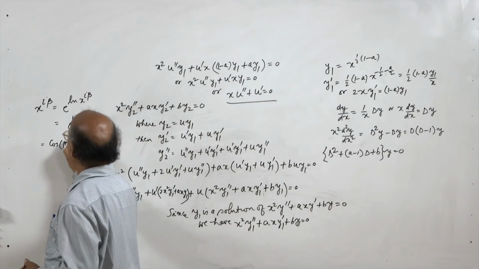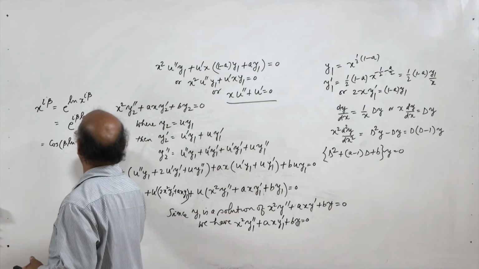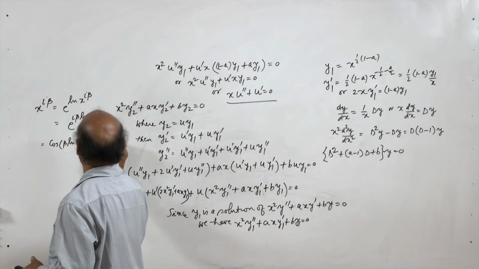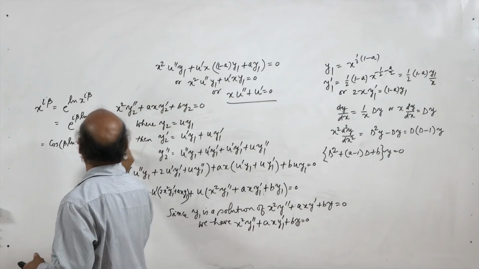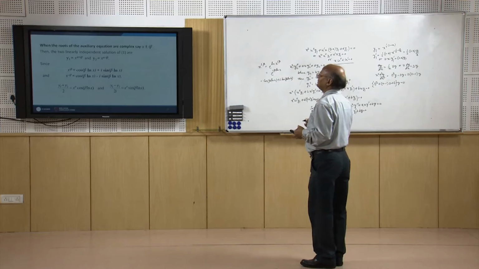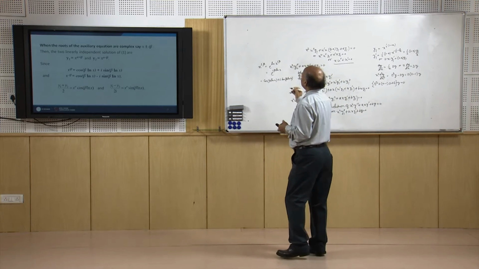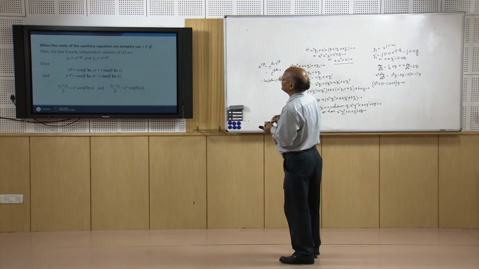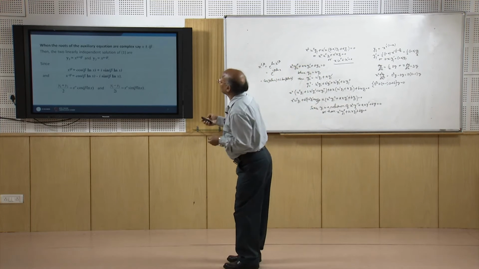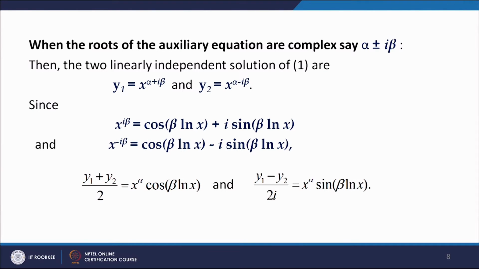So cos beta ln x plus i sin beta ln x we shall have. So x to the power i beta will be cos beta ln x plus i sin beta ln x. Likewise x to the power minus i beta is equal to cos beta ln x minus i sin beta ln x.